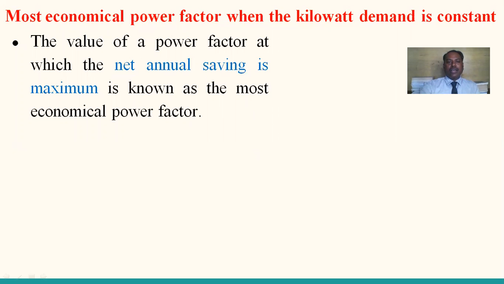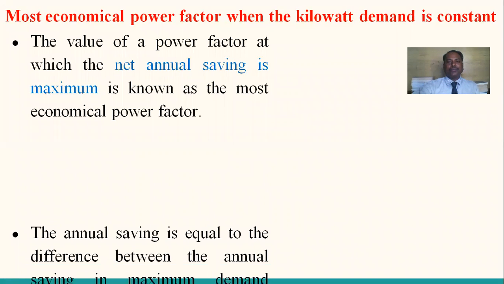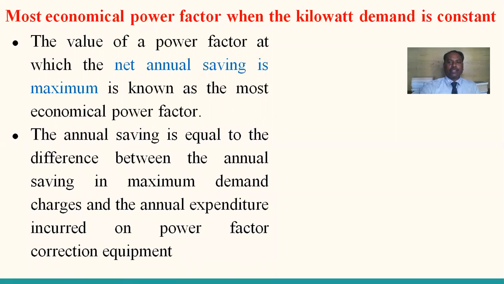What is the net annual saving? That is also important here. Suppose initially the system is operating with one power factor. We need to spend some expenditure on the power factor correction equipment and install it into the system, so that the power factor is increased from the existing power factor to a new power factor, resulting in some profits per annum.